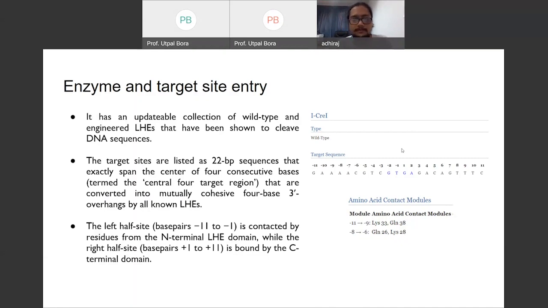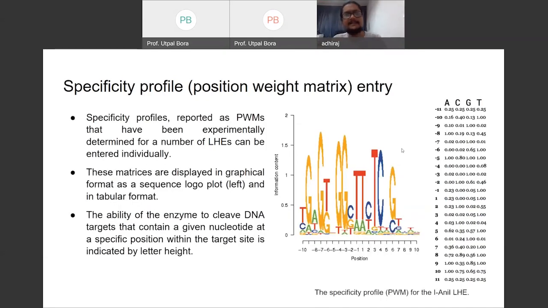Okay. Anyway, moving forward. As I said, the position weight matrix is actually the core of designing any tool. Let's start from the beginning. The specificity profiles, reported as PWMs that have been experimentally determined for a number of LHEs, can be entered individually. Suppose you have sequences which correspond to nuclease activity.